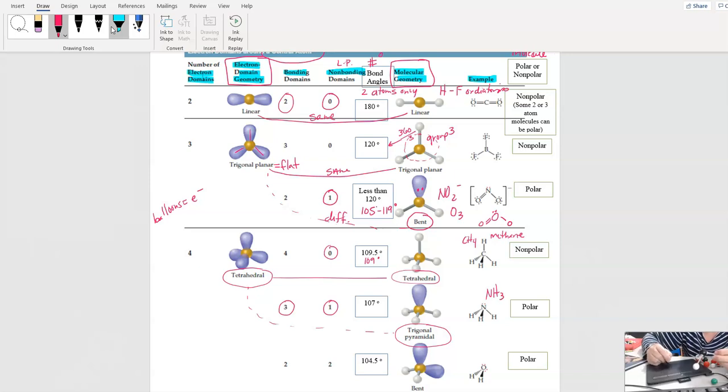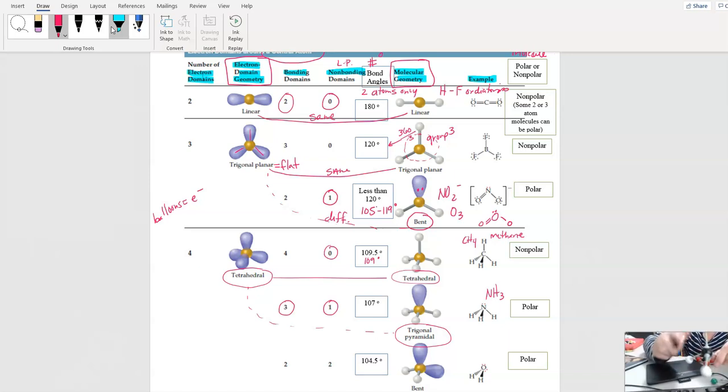Now, let's start talking about these wedges and dashes. So what happens is, when you actually have the bond, some of the bonds come at you like they're coming out of the paper. And some of the bonds go straight up and go away from you.